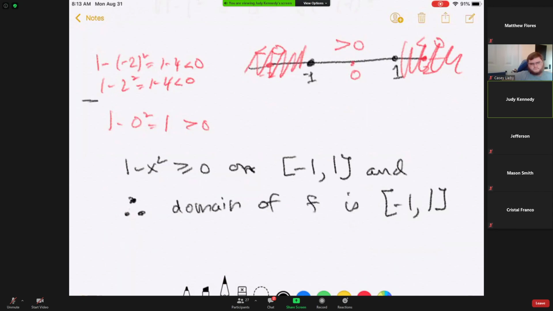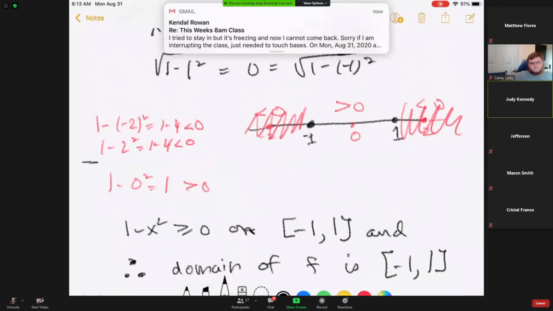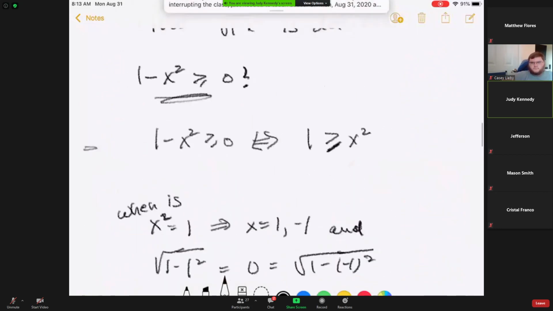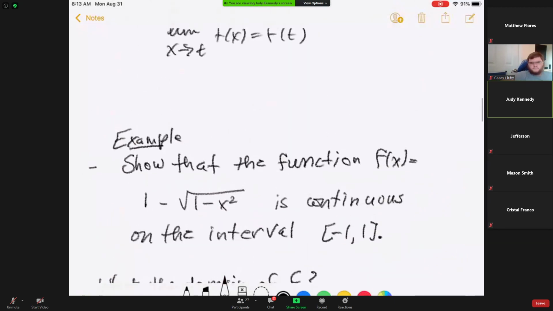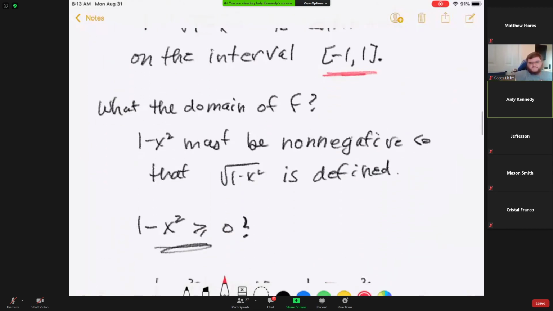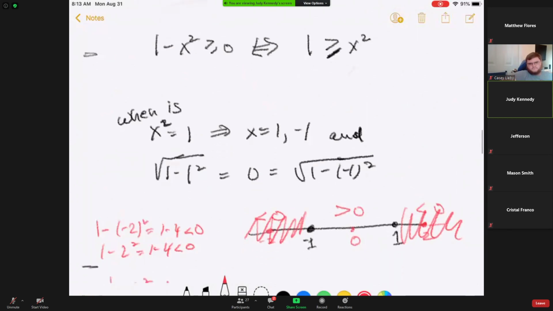Okay, think about the domain first, and the domain is in fact that interval. So we at least have established where it makes sense to check for continuity, because if you have a number that's not in the domain, the function's not continuous there.